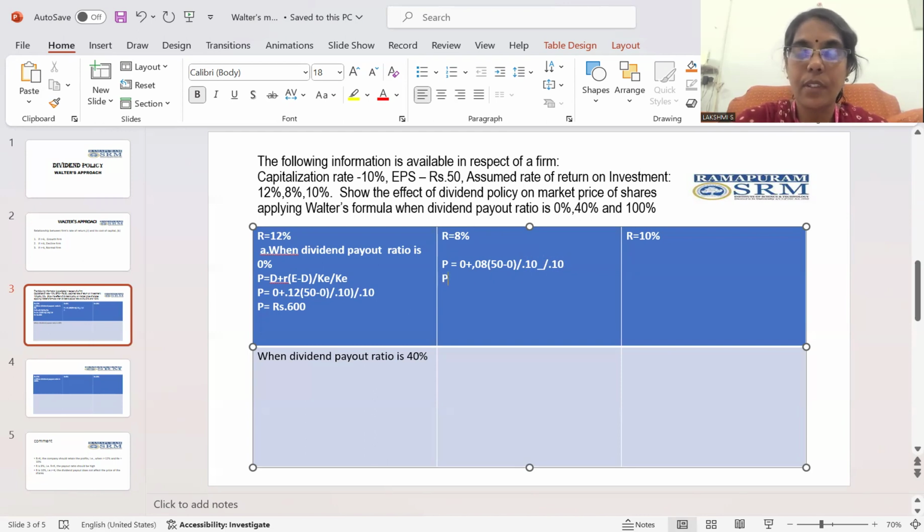So the market price of the share is rupees 400.